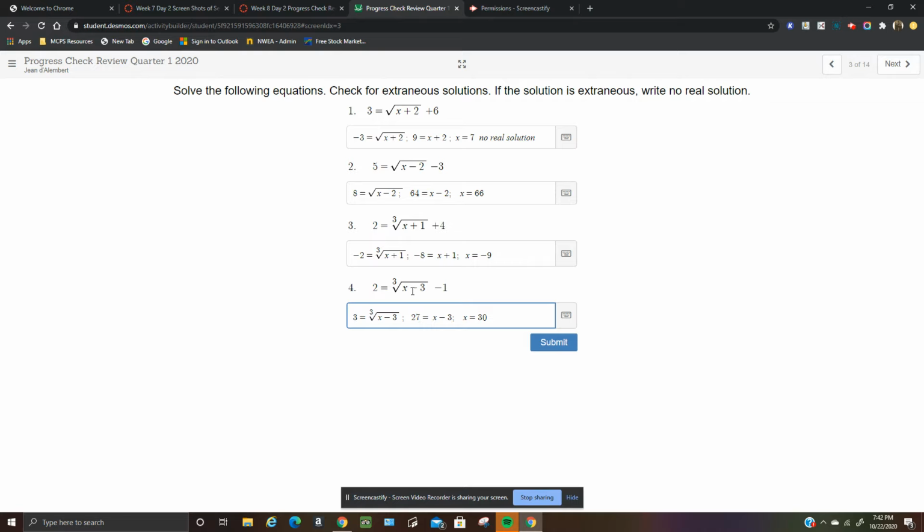Minus 3 is 27, cube root is 3, minus 1 is 2, so it works.